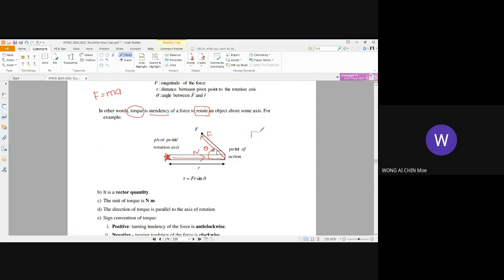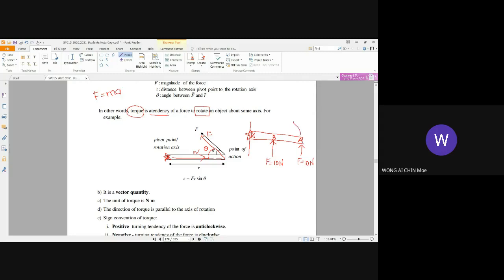Okay, so for example, let's say this is a dot, point A, and this is your pivot place. So if you are acting a force at point A and point B with the same magnitude, F equals to, let's say, 10 Newton, same force, at point A or at point B, which one is easier to rotate?